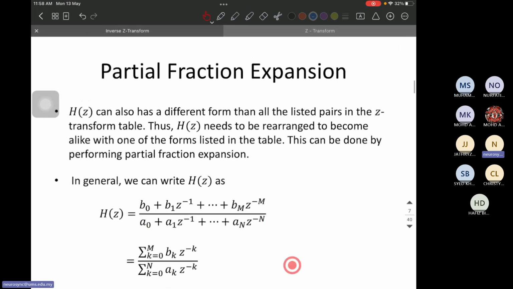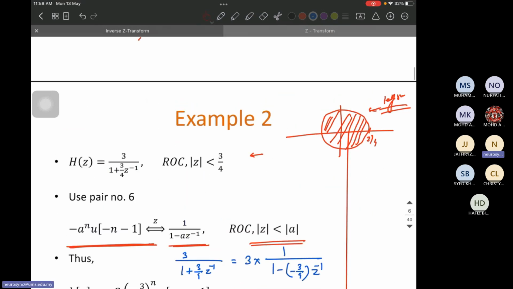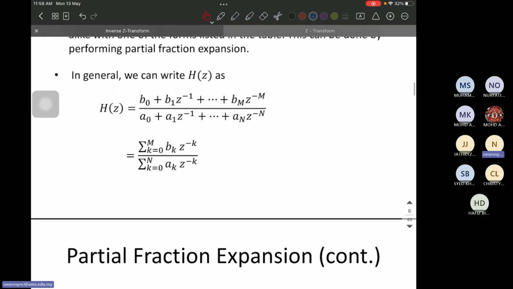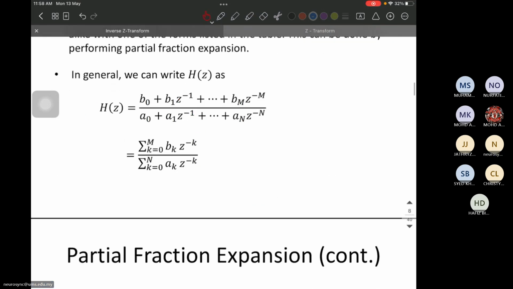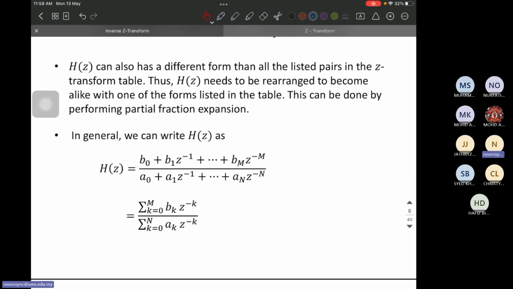Okay. Now these are the very standard forms given. Now suppose we have H of z like a polynomial in terms of z to the power minus 1, z to the power minus 1 till some order.